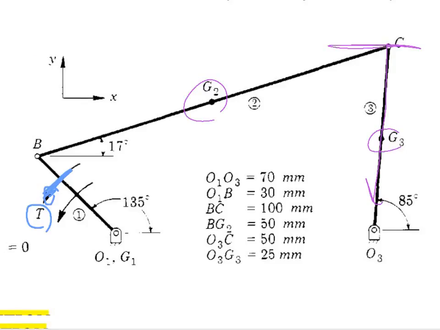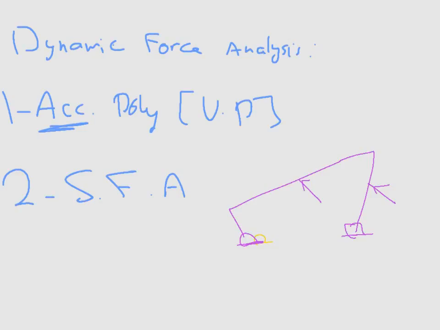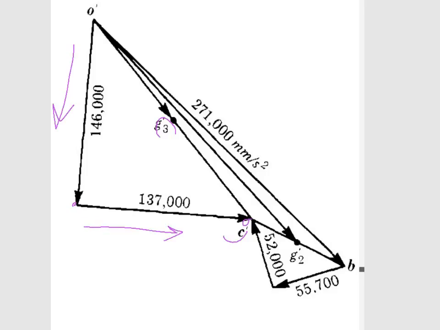So this is now our link 2, from B to C, and our link 3 is from O to C. So let me reset this.